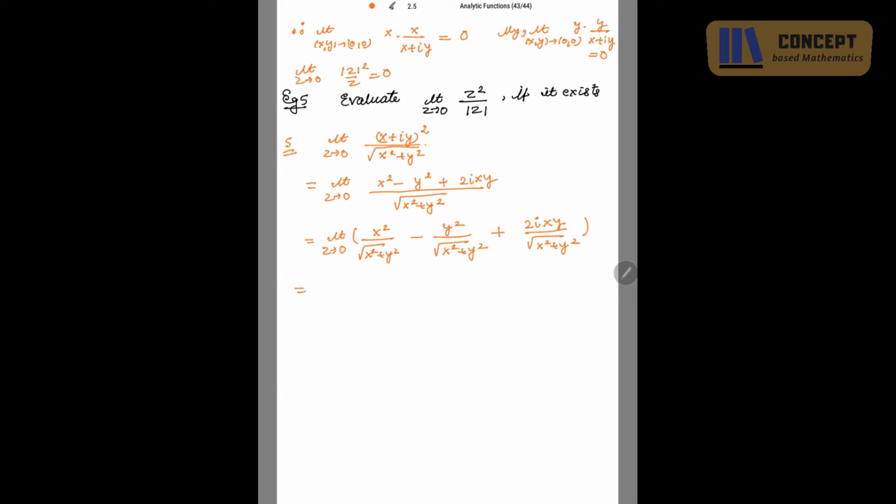Now similarly, the limit as z tends to 0.